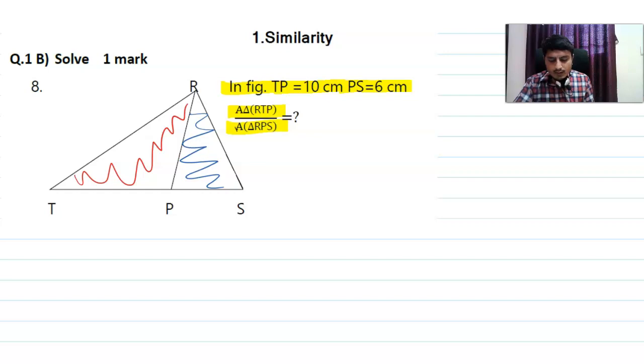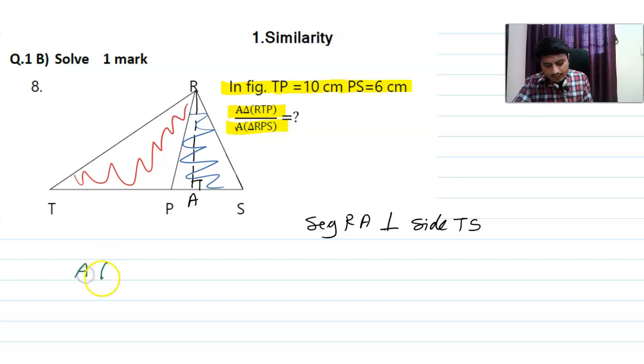So we draw the perpendicular from point R on its opposite side TS, let us assume RA is the perpendicular on side TS. That means the segment RA is perpendicular to the side TS.